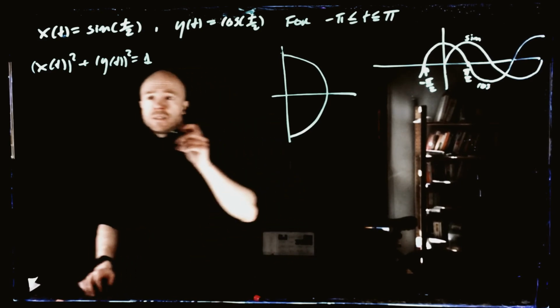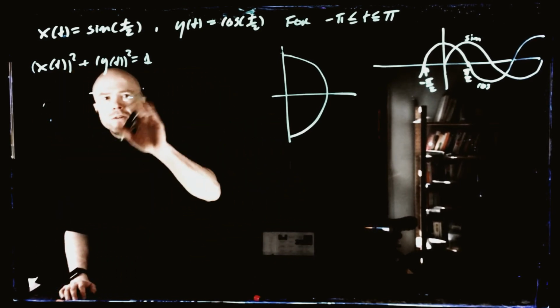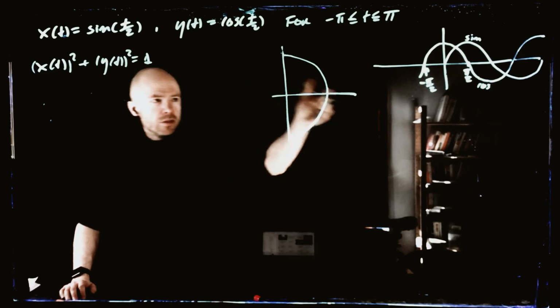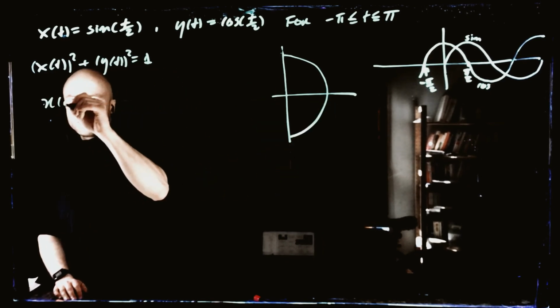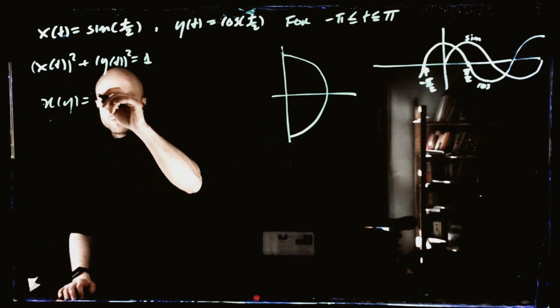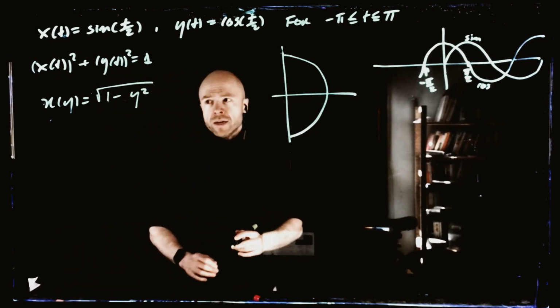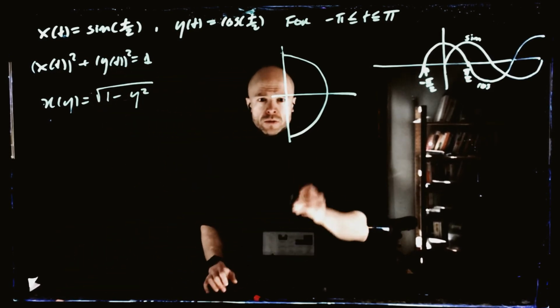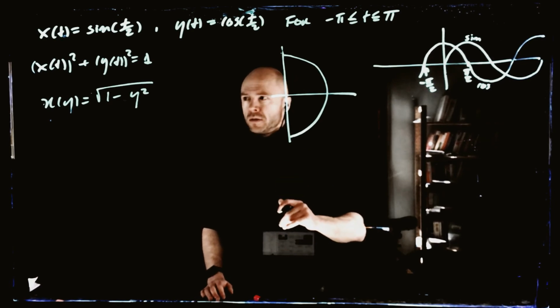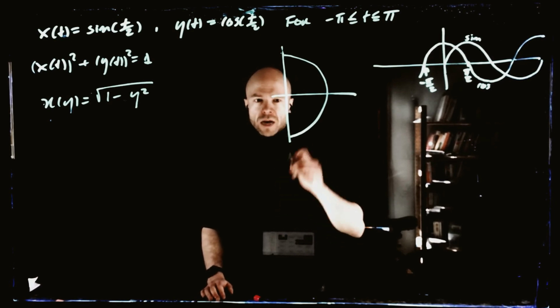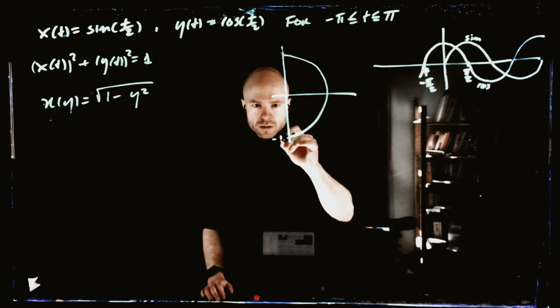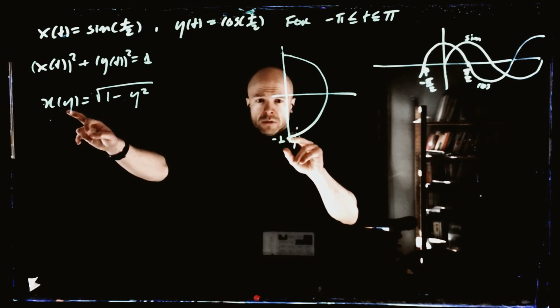And if we did this, then we'd have that it is a function from the y-axis. This is the y-axis, so x as a function of y is equal to the square root of 1 minus y squared. So then when y is equal to minus 1 here, then x is equal to 0, which is what we see, right?